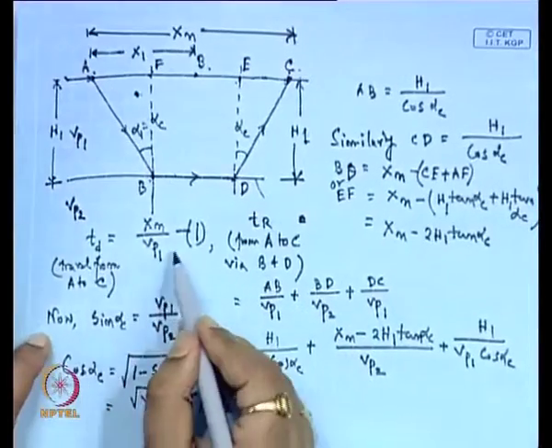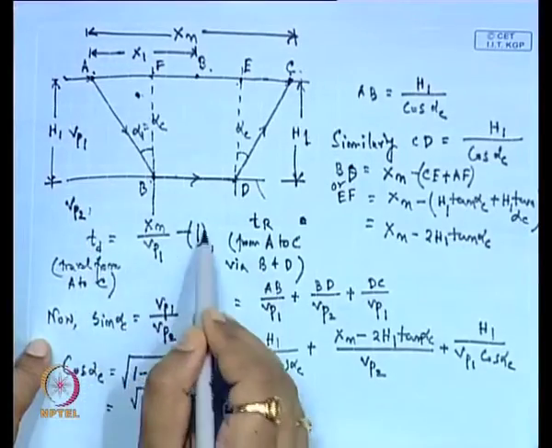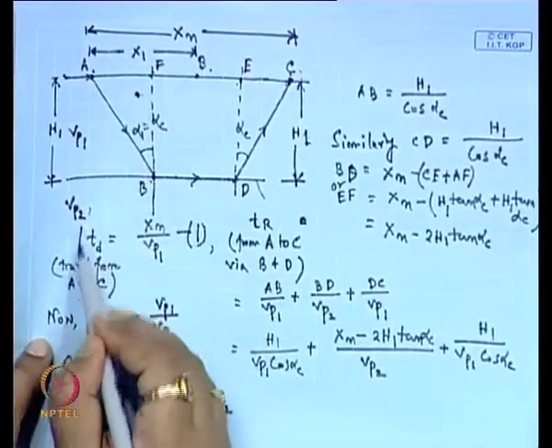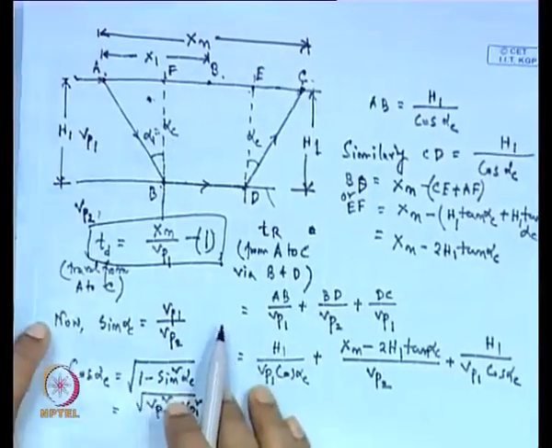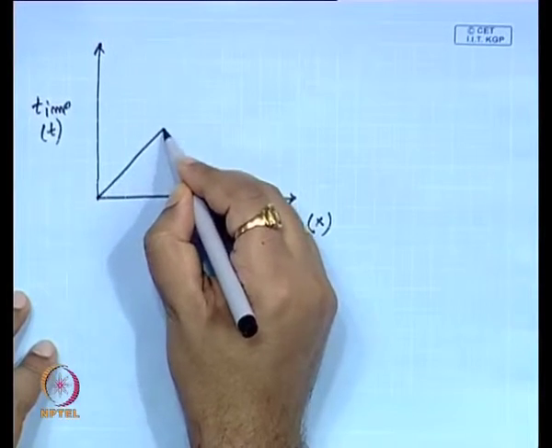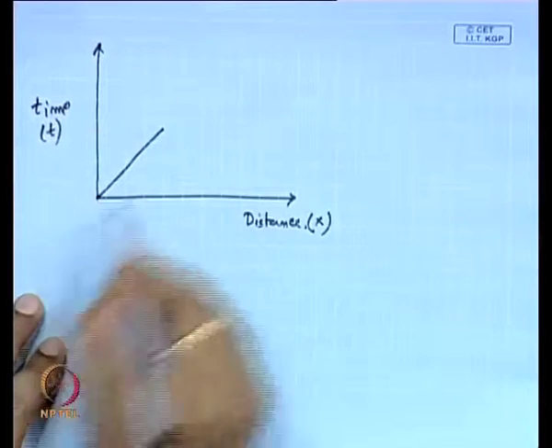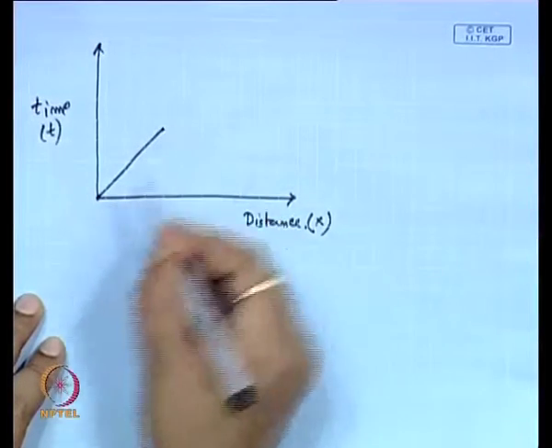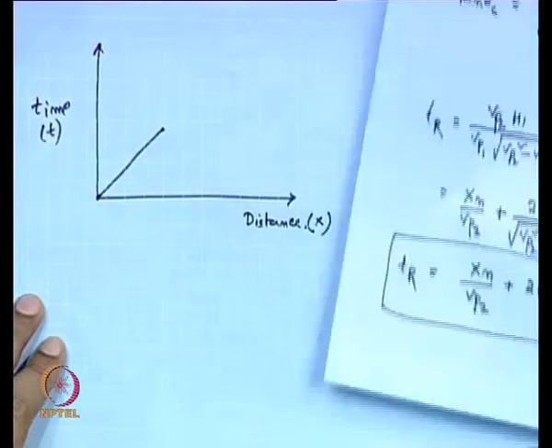Time versus distance: up to the critical distance, the time required follows expression number 1, and this will be a linear graph. Next, it will follow expression number 2.